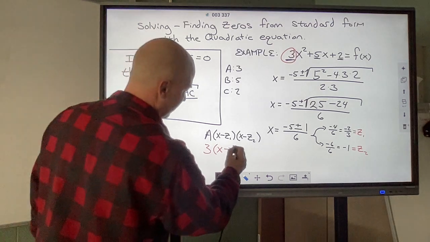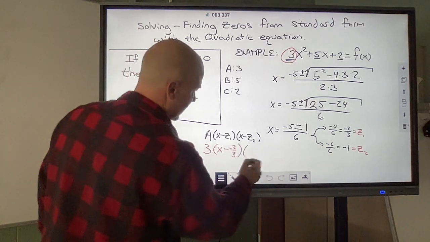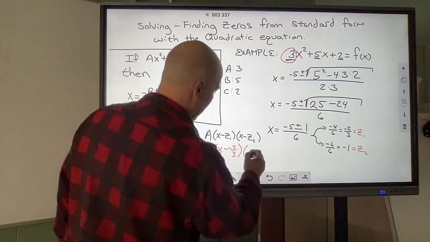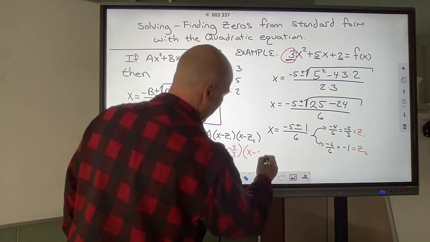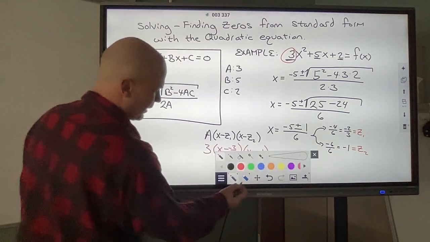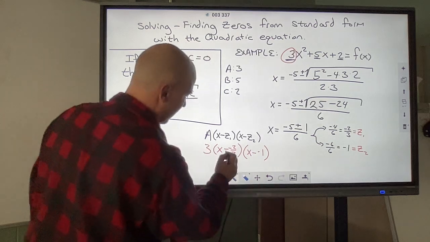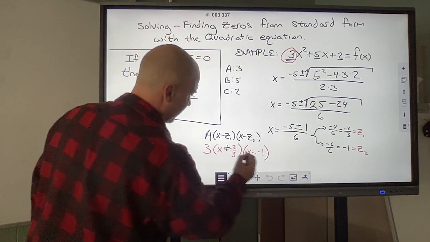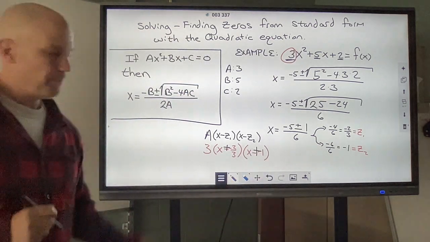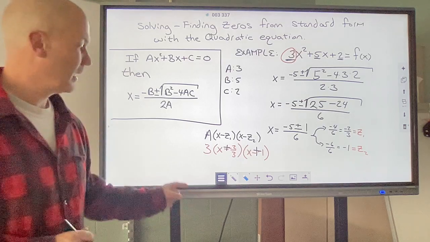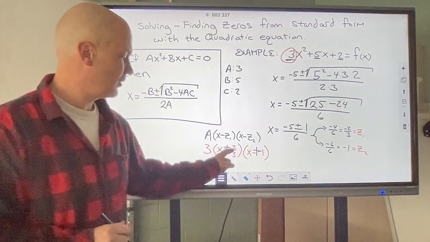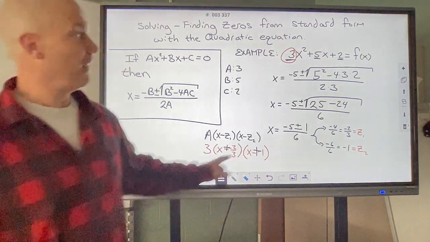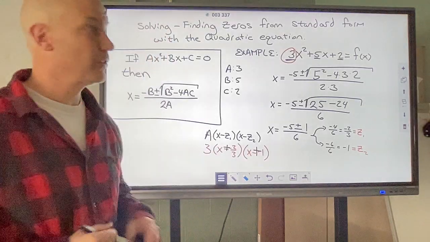So that's a negative 2/3, and z2 is negative 1, x minus negative 1. I know that two negative signs make a positive, so if I wanted to, I could simplify both of these to a positive, but this factored form, 3 times x plus 2/3, x plus 1, if I FOILed it, I'd get that, which is pretty cool.